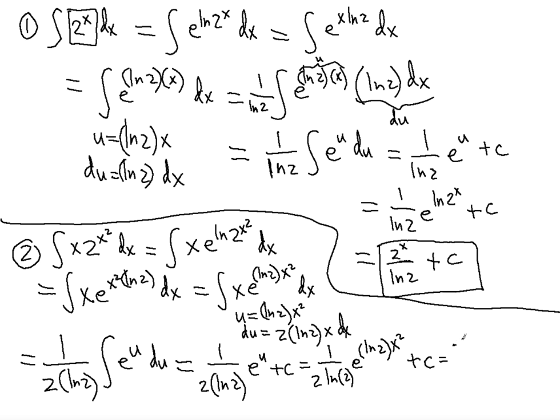So it's going to be 2 to the power of x squared divided by 2 ln 2 plus a constant. Well, actually, we can simplify this even more because I see the base of 2 in there. So it can be written as 2 to the x squared minus 1, right?